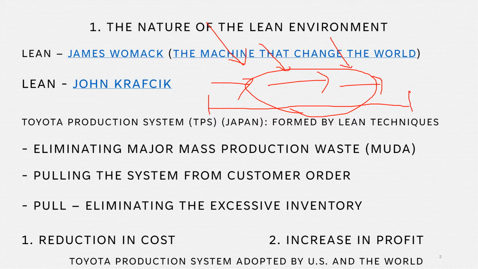So the issue that we are facing right now for the lean environment to survive is the supply chain, because the supply chain is the backbone of the lean environment's efficiency and success.